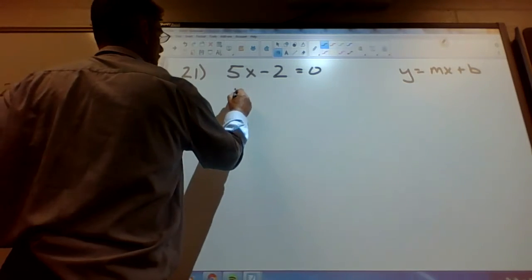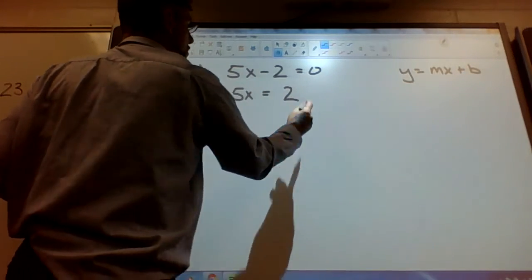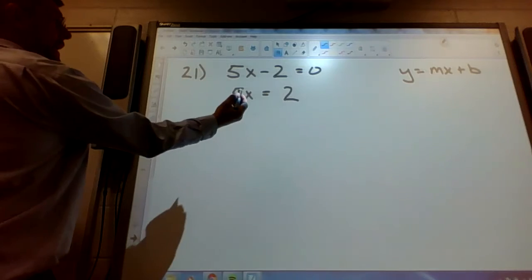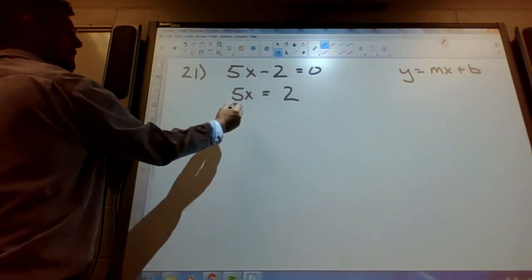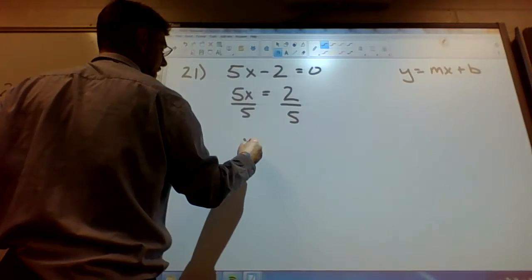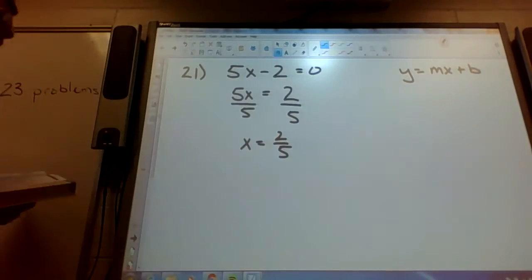Okay, so then I would get 5x equals 2. And then to isolate the x, Wyatt, what would be my next step? Divide by 5. So I divide both sides by 5, and I get x equals 2 fifths.